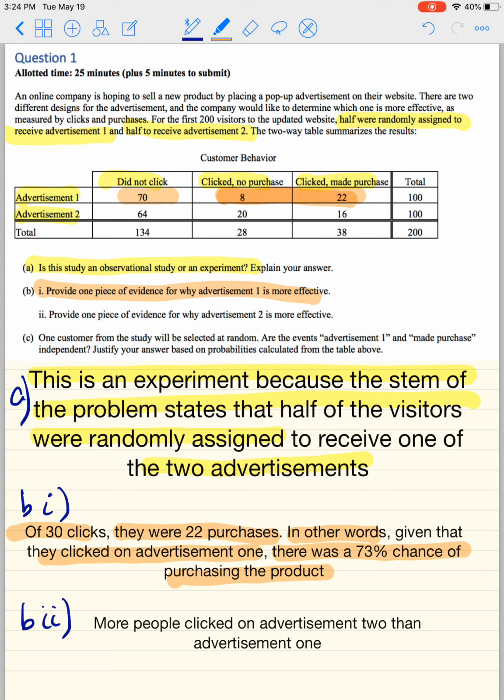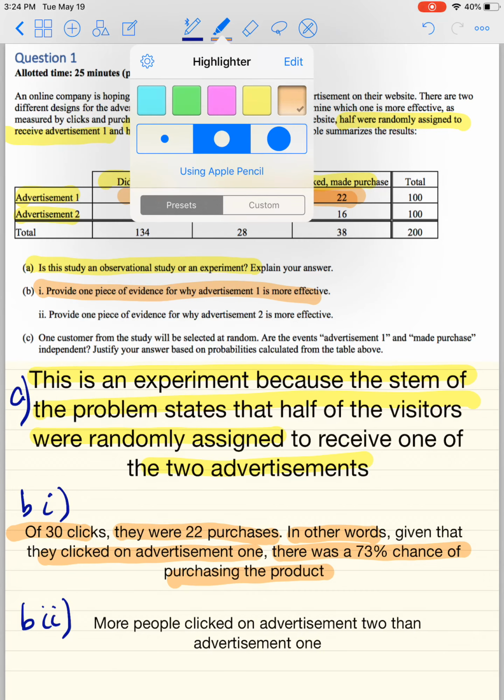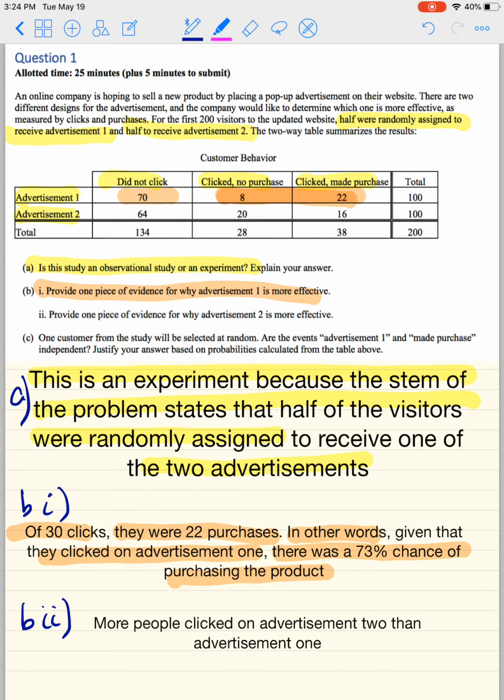Advertisement two, I was trying to figure out what's the best thing to do here. Well, if you take a look at advertisement one and advertisement two, 70 people didn't click, 64 people did not click. So you got more clicks, right? So this is going to give you 30 clicks. This gives you 36 clicks.